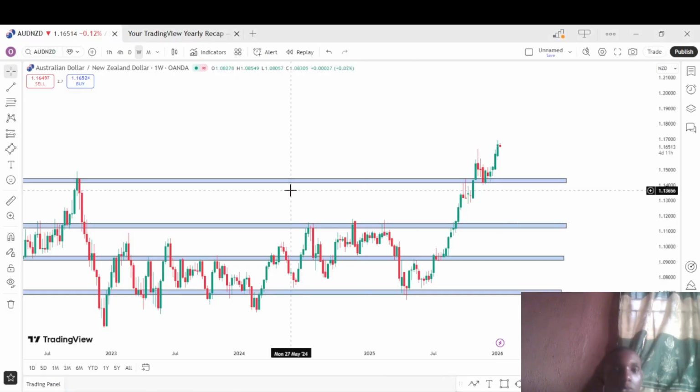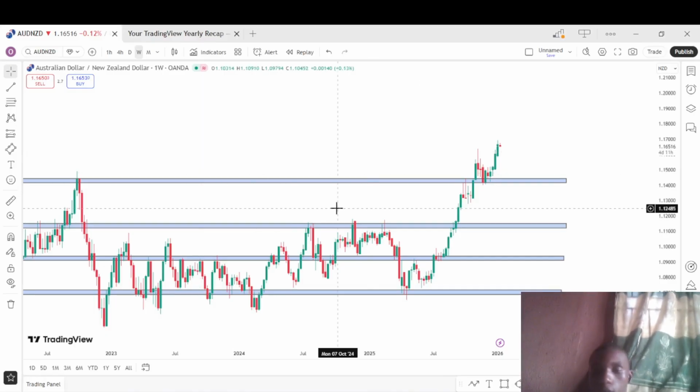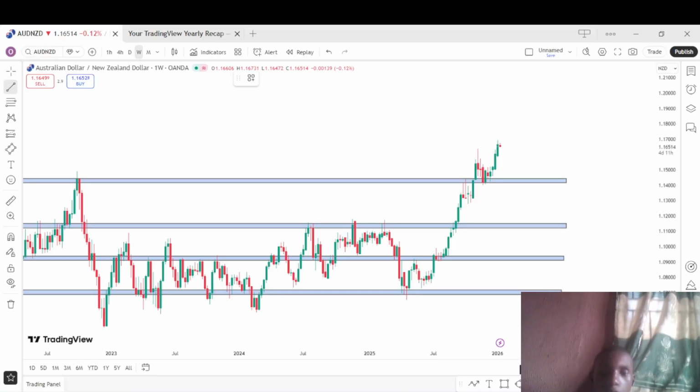What we'll check next is the trend line. We'll draw a trend line on the weekly time frame. But before we draw it, we have to first look at the market structure, the direction or the trend of the market. For the market structure, we have what?